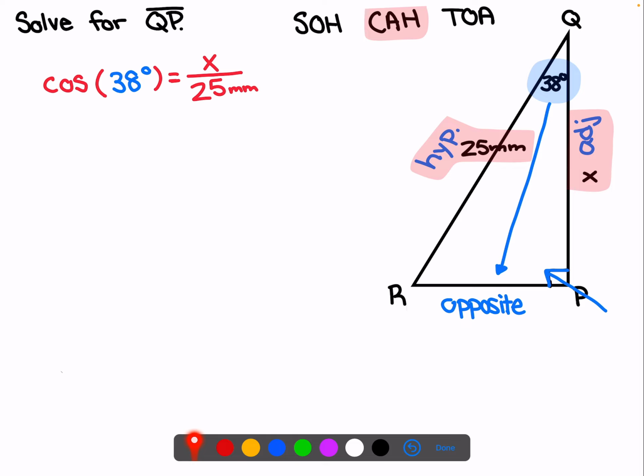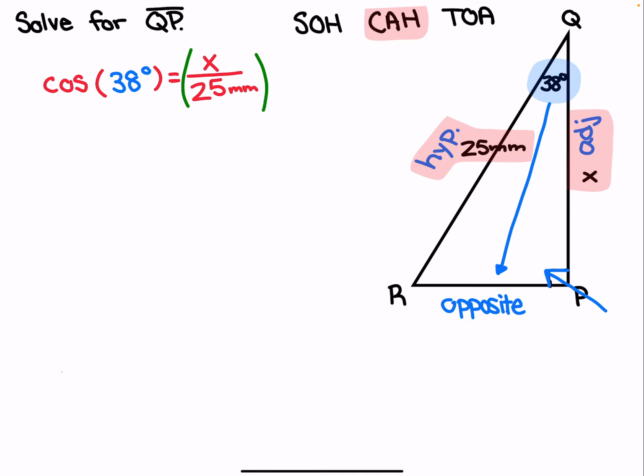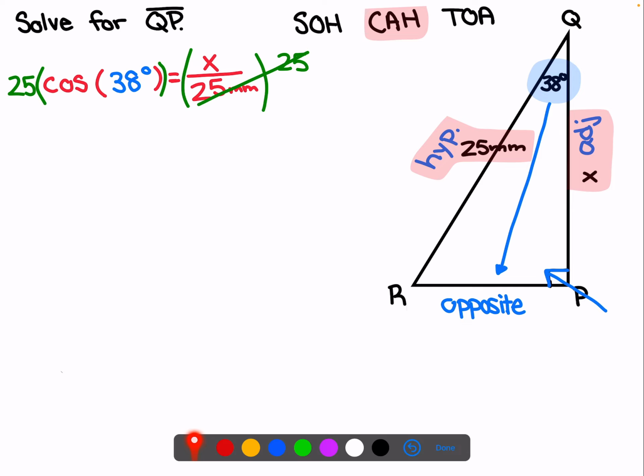Notice that this time our x value is in the numerator, which will make this solving a lot faster. If I want to solve for x, all I need to do is multiply both sides by the denominator, 25. Doing so would leave us with 25 cosine of 38 equals x.